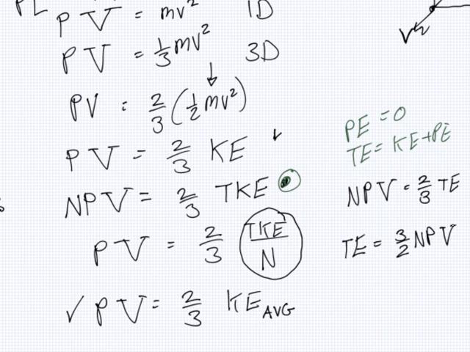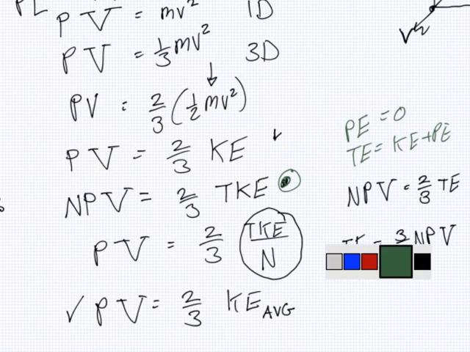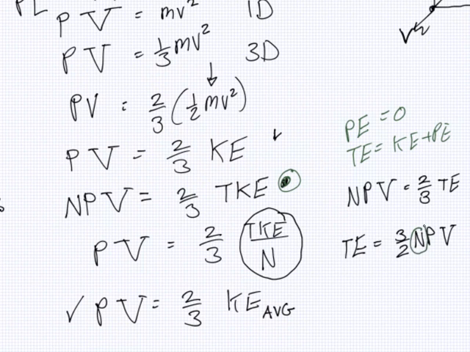This N shouldn't be here. Only one person. Yeah, I screwed up something here. Something went wrong.